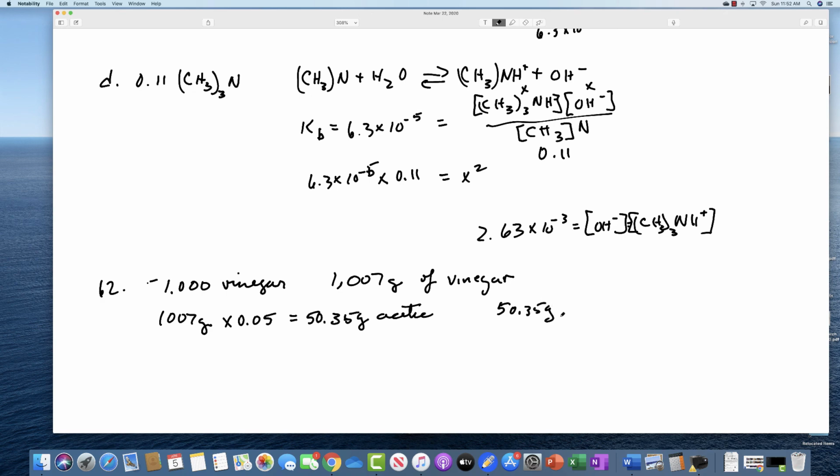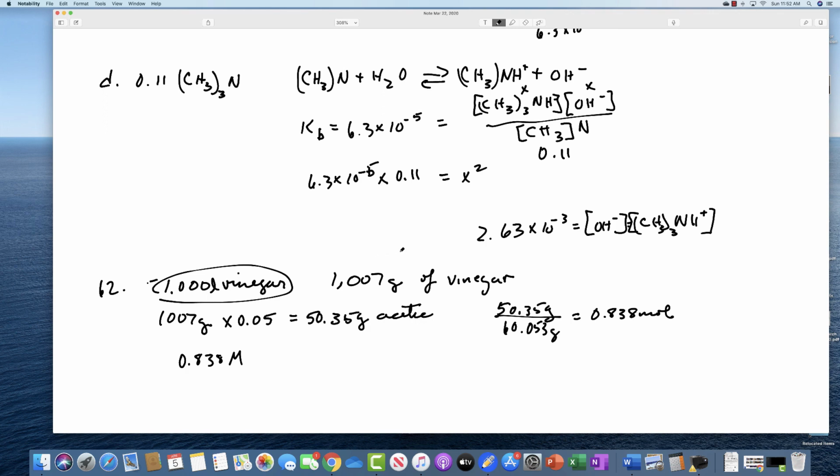Now, 50.35 grams, and the gram molecular weight of acetic acid is 60.053 grams per mole. So you end up with 0.838 moles. Remember it's moles per liter, so 1 liter ends up being 0.838 molar acetic acid.